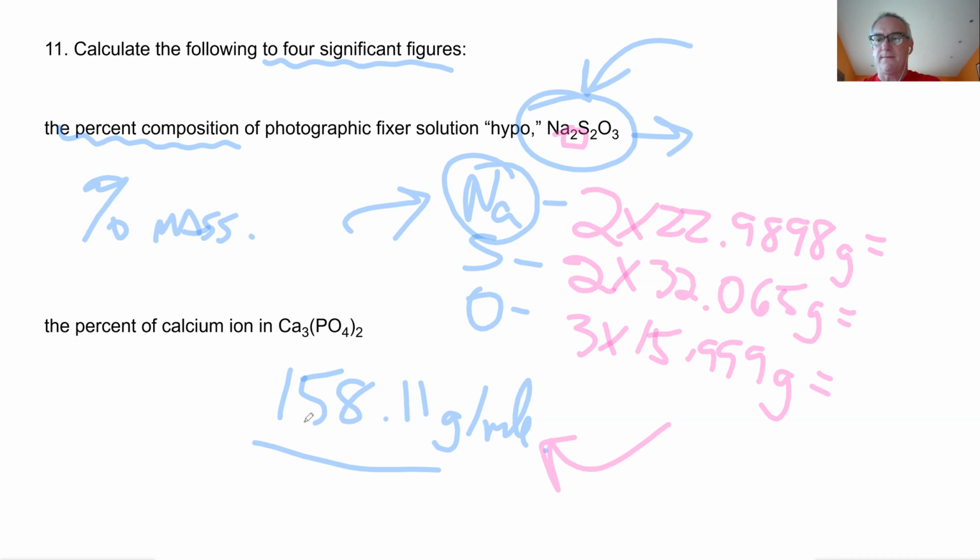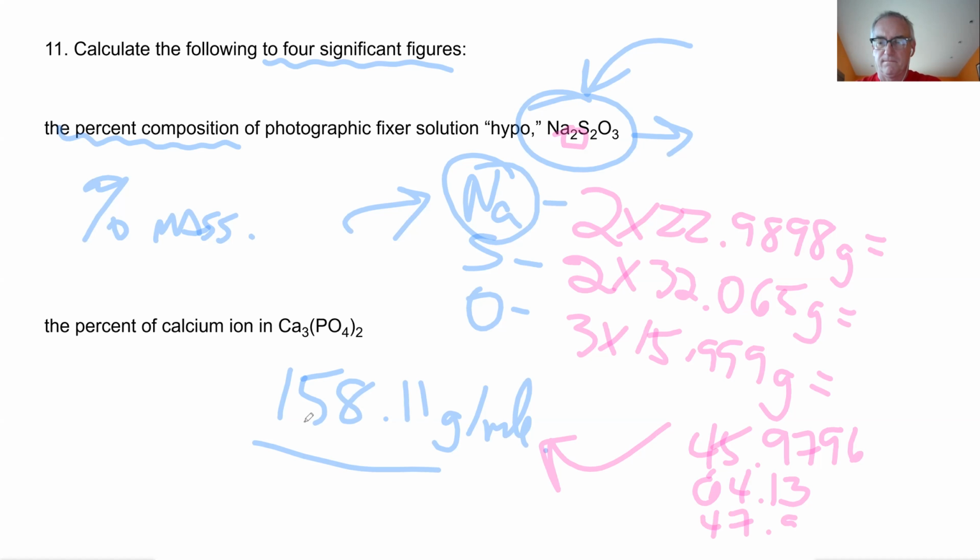What's my mass of sodium? 45.9796 grams. And what's my mass of sulfur? 64.13 grams. And my mass of oxygen?